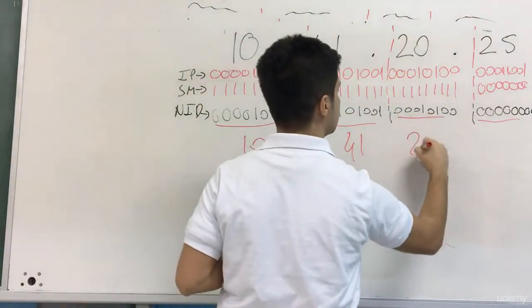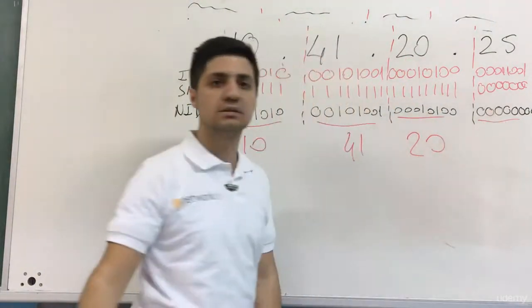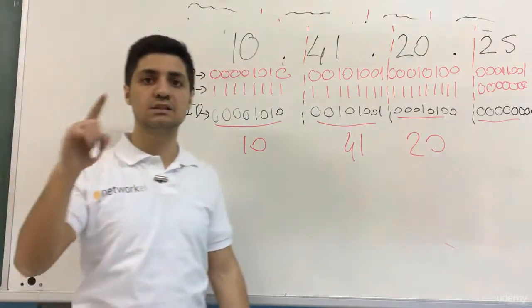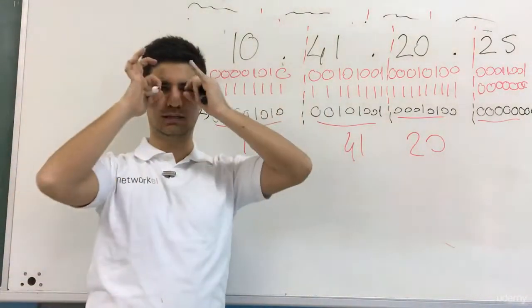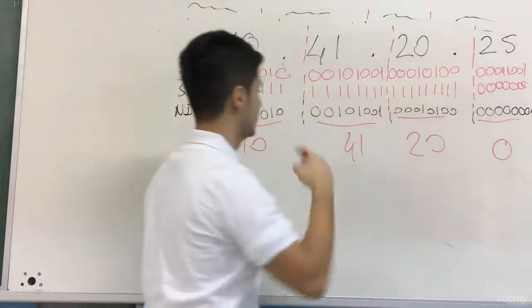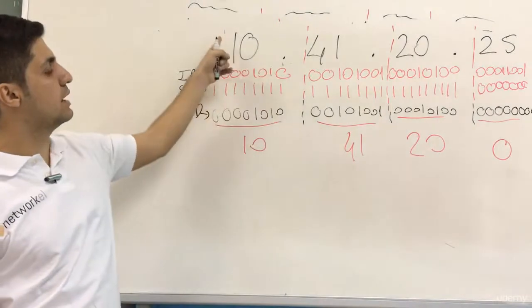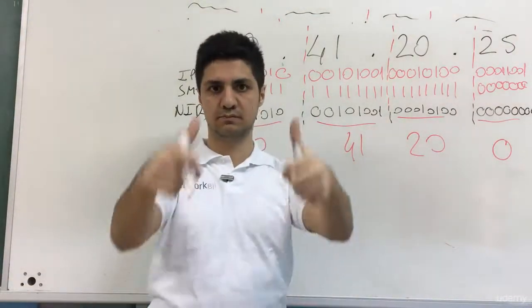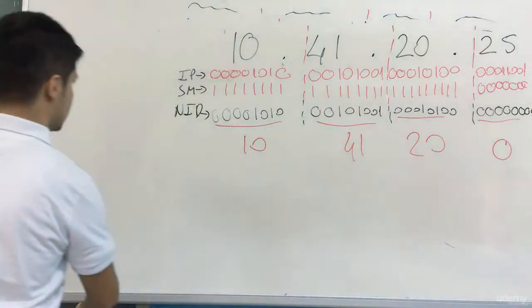This one is 20. What about the last one? The last one is going to be 0. All right. Here is my network ID: 10.41.20.0. Cool.